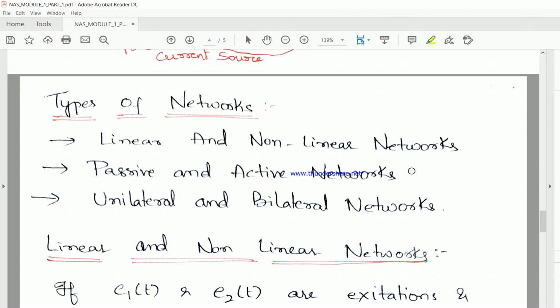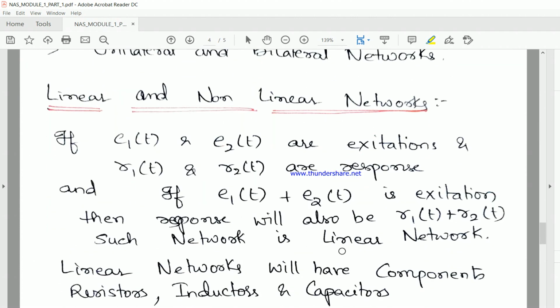Non-linear comes into the picture when the response for a given excitation is not constant. It gives a different response for different excitations. That is what non-linear is all about. So let us see the definition. If E1 and E2 are two different excitations, and R1 and R2 are the responses, and if E1 of t plus E2 of t is the excitation, then the response will also go with this, which is R1 of t plus R2 of t, and such a network is called a linear network.